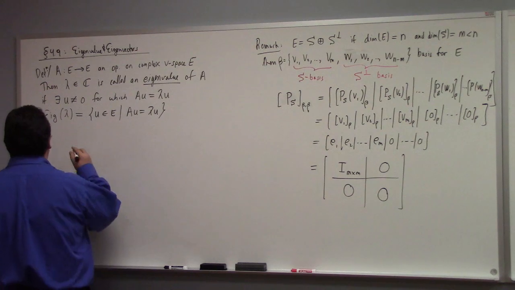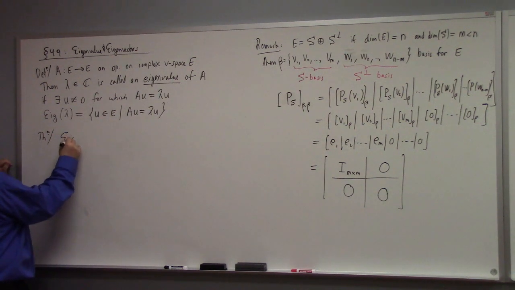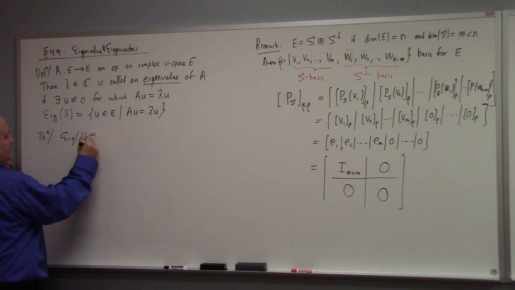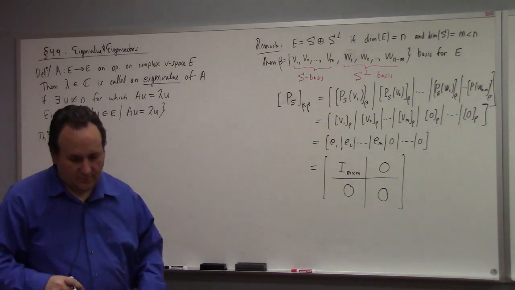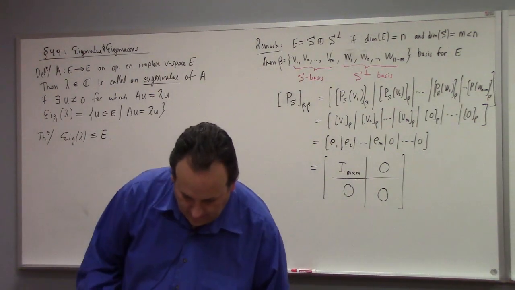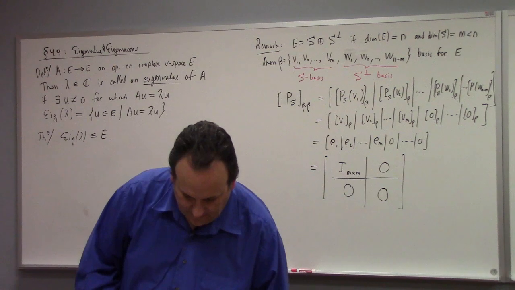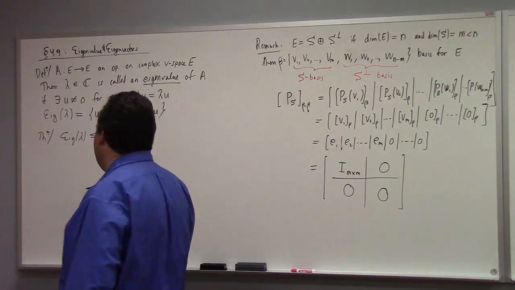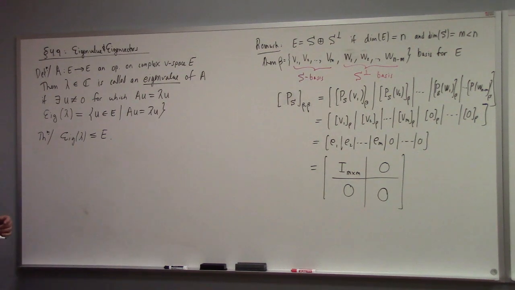So, theorem: E_lambda is a subspace of E. I would point out that this is true even when lambda is not an eigenvalue, as I've defined it.